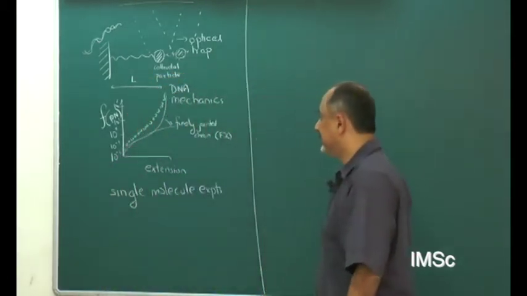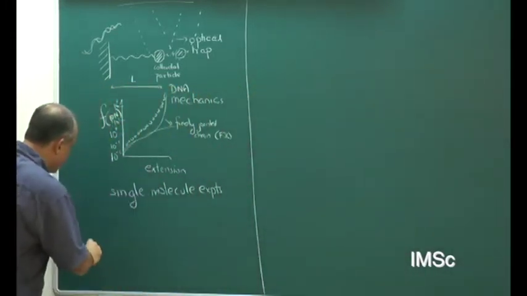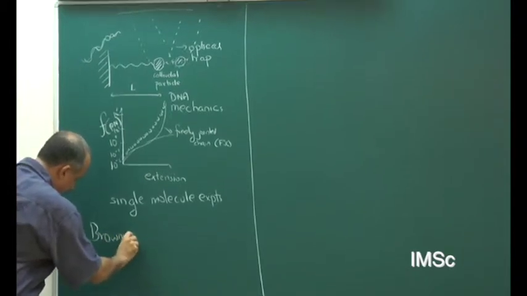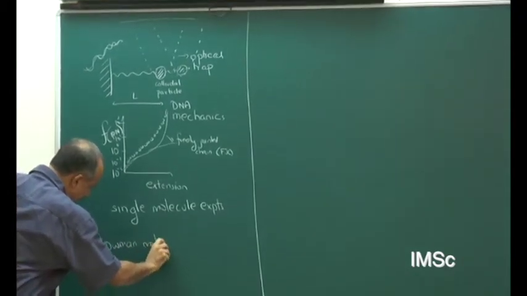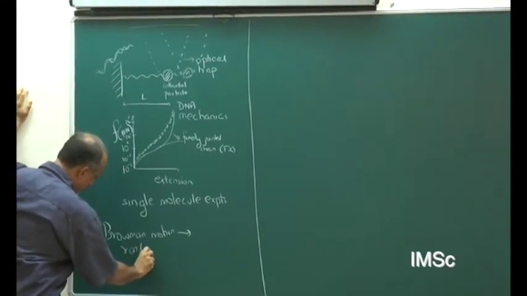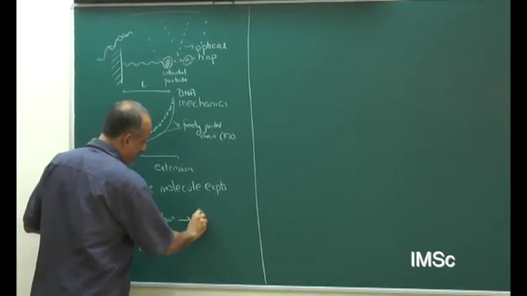So let's just revise a little bit of what we learned earlier. Remember that we started off by thinking of Brownian motion, and then we mapped Brownian motion of a single random walker onto a polymer trajectory.